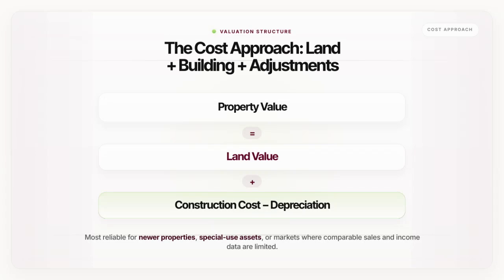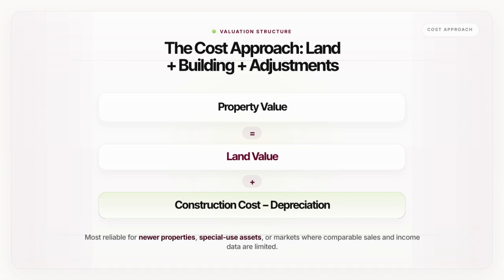Here, we're looking at the cost approach, which is a key method in property valuation. The basic idea involves adding the value of the land to the current cost of constructing the building, then making necessary adjustments. Essentially, the property value equals the land value plus the building cost minus any depreciation. This approach works best for newer properties or special use assets, where there aren't many comparable sales or sufficient income data to rely on.